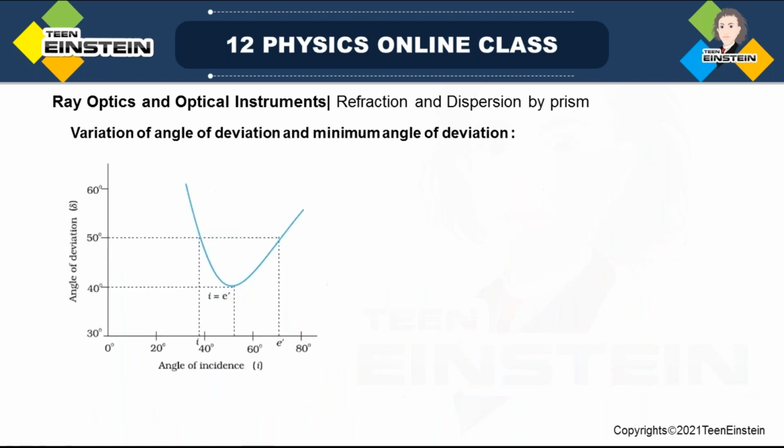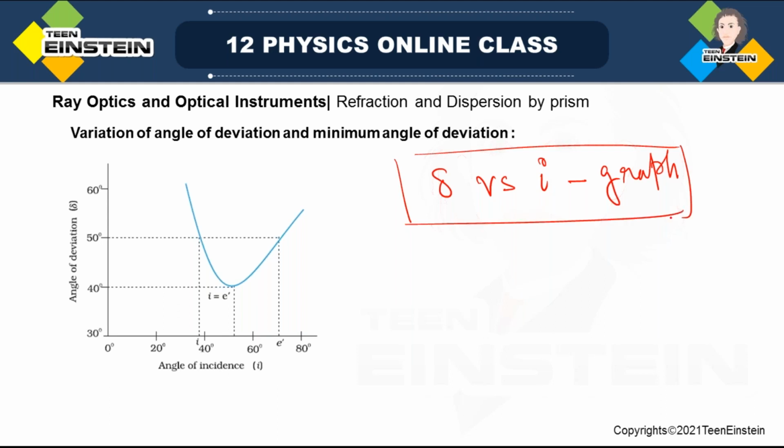Now we'll see how angle of deviation varies with angle of incidence. That means we'll see a graph, delta versus angle of incidence, that is angle of deviation versus angle of incidence.